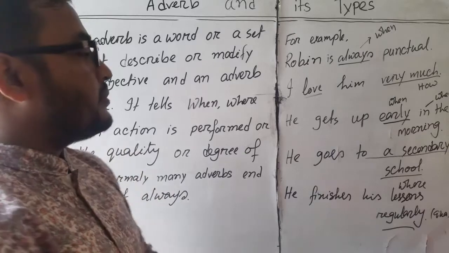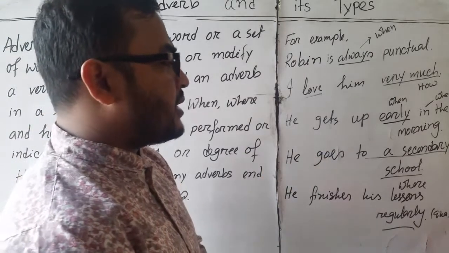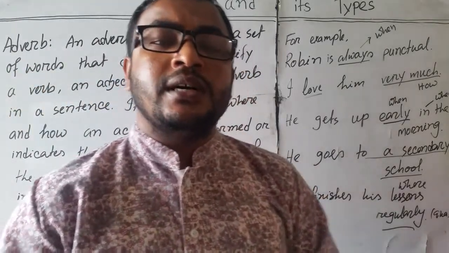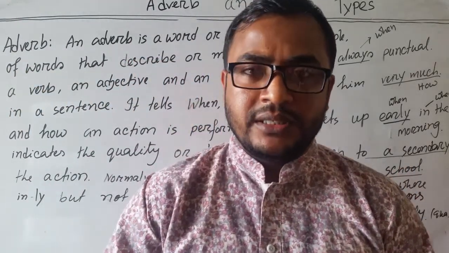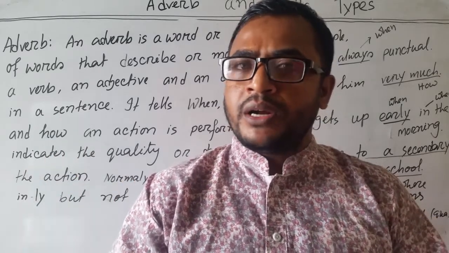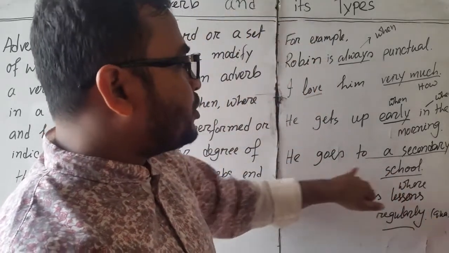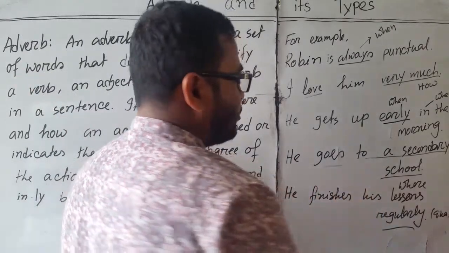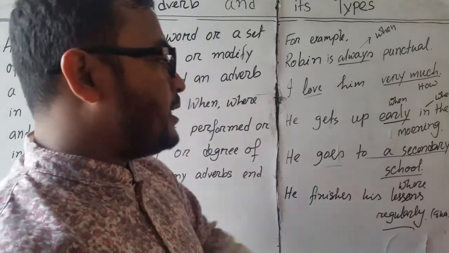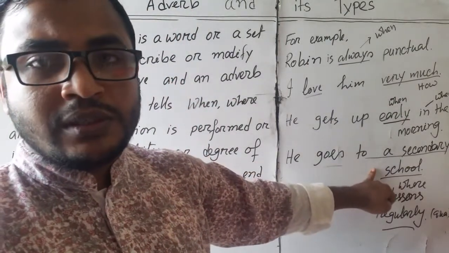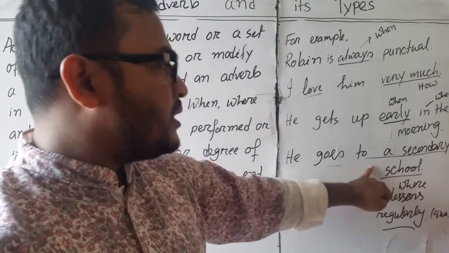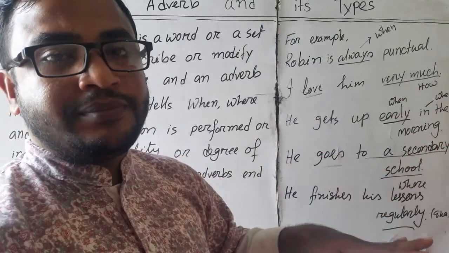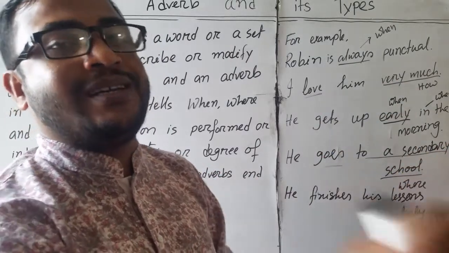And then, he goes to his secondary school. I have already mentioned an adverb will provide three answers: when, how, and where. He goes to a secondary school. Here the verb is goes and the adverb is to a secondary school, because it tells us where the verb is performed.